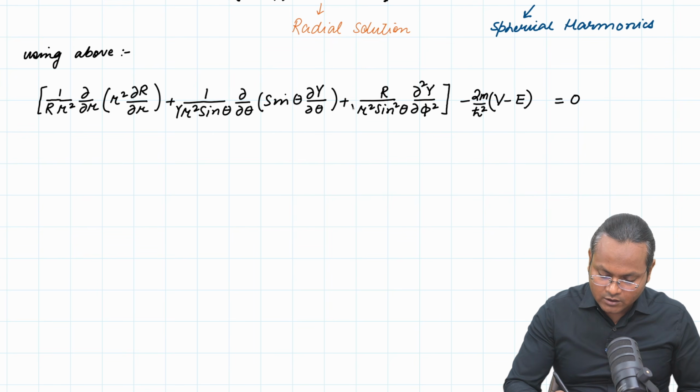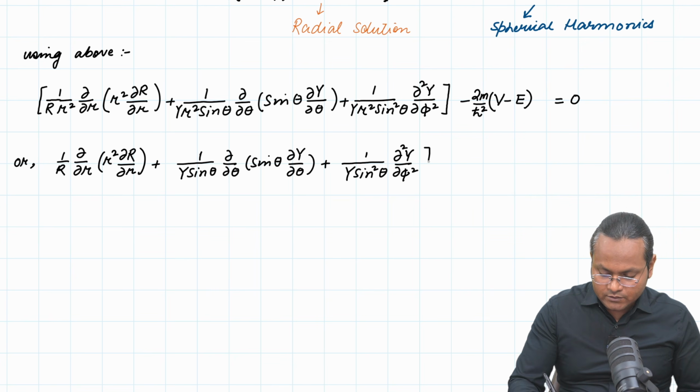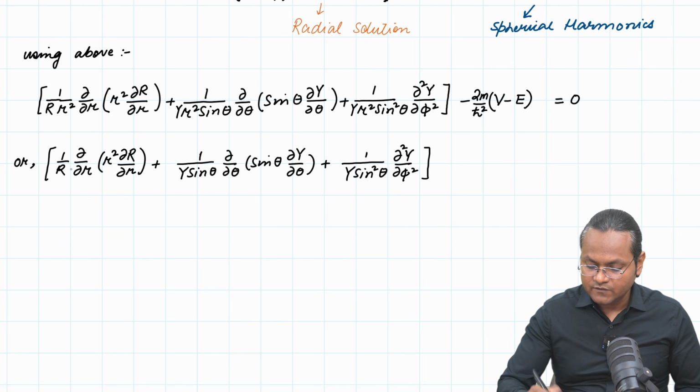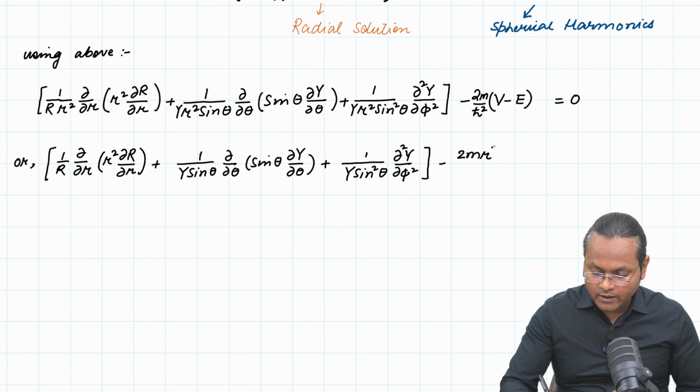And also in the third term, I will be left with capital Y. Okay. So all of this can further be simplified as, and if I take the small r square from the denominator of all these terms to the last term, I end up getting 2mr square upon h cross square. Here, V is a function of r minus E, which is basically constant because it represents the total energy of the system.